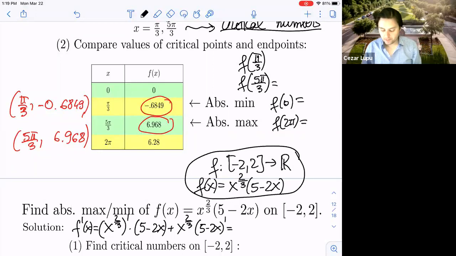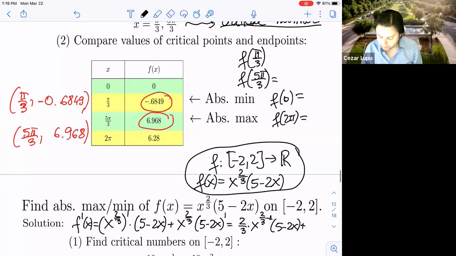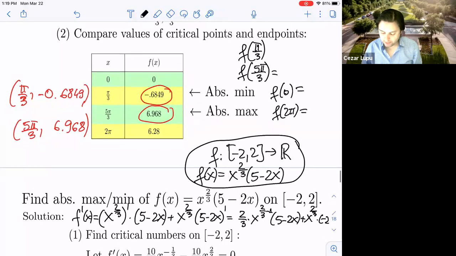And this will be 2/3 x to the 2/3 minus 1, times 5 minus 2x plus x to the 2/3 times -2, right?